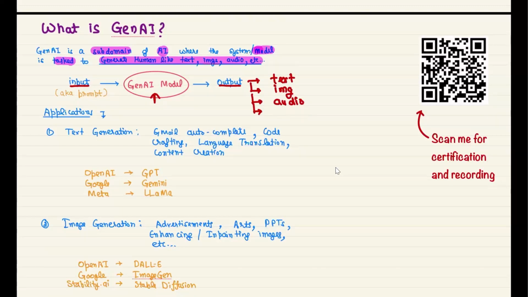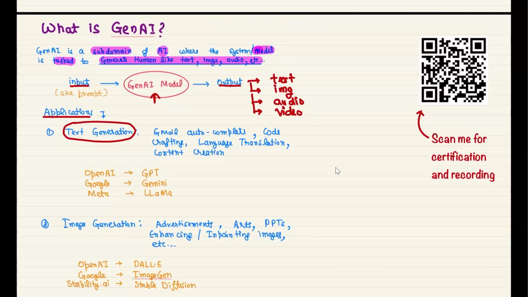Now, apart from this, I told you a few applications which are very popular when it comes to generative AI. Generative AI has solved lots of problems, but I'm showing you a few which are very popular in the industry right now, as of June 2024.